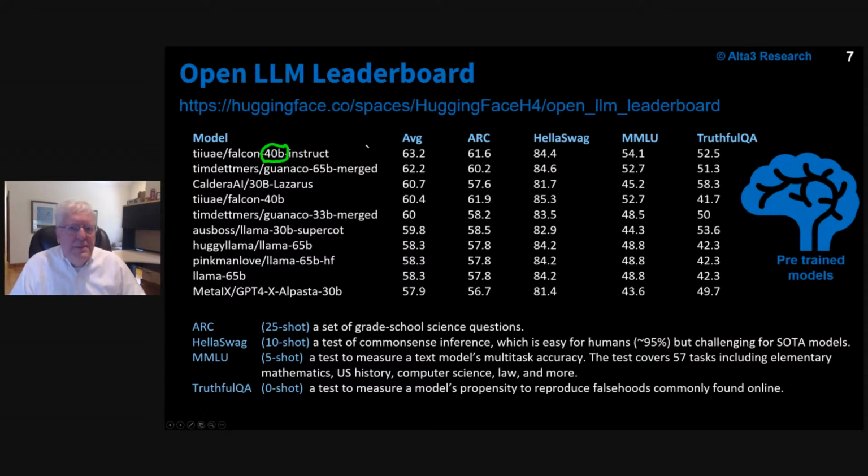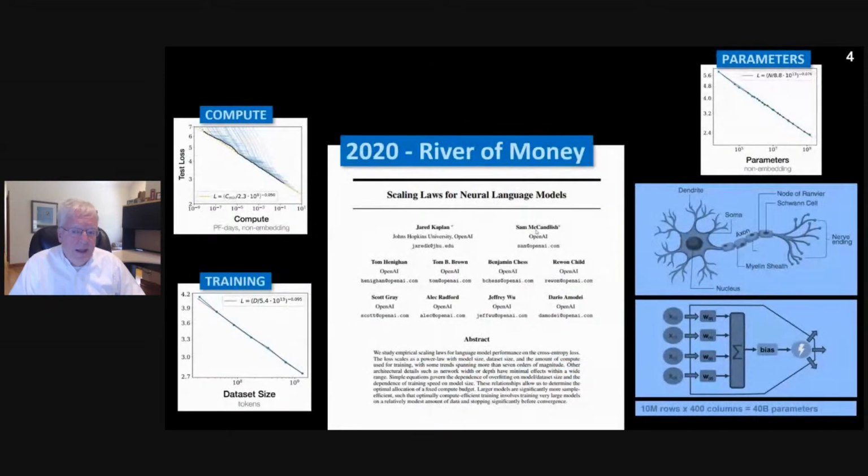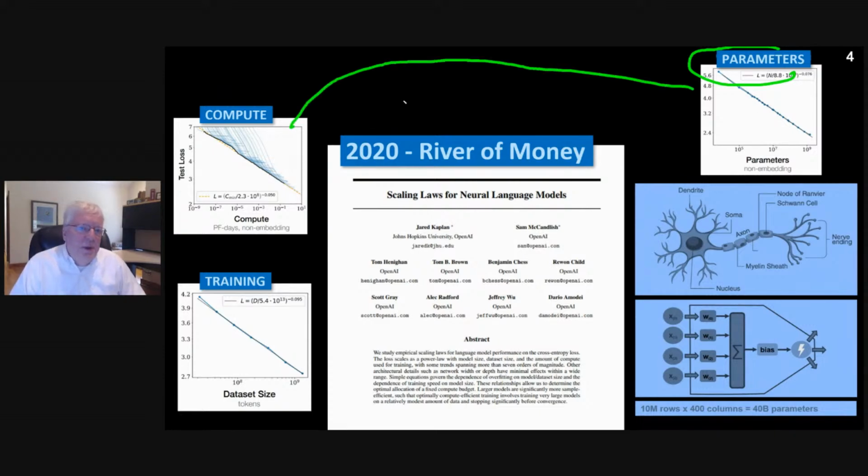So the little brain, in this case, you focus right on that 40 billion parameters. That's a pretty beefy pre-trained model. You can certainly go up into the 65 billion range. And as a general rule, remember what we've learned just a couple slides back? The more parameters, the better. So if I have capacity to run 65 billion parameters, I should, but that's going to require a GPU that has the capacity to load basically 80 gig of RAM.